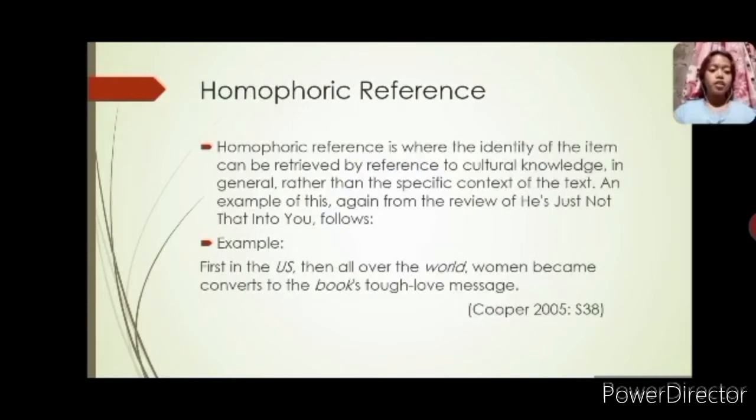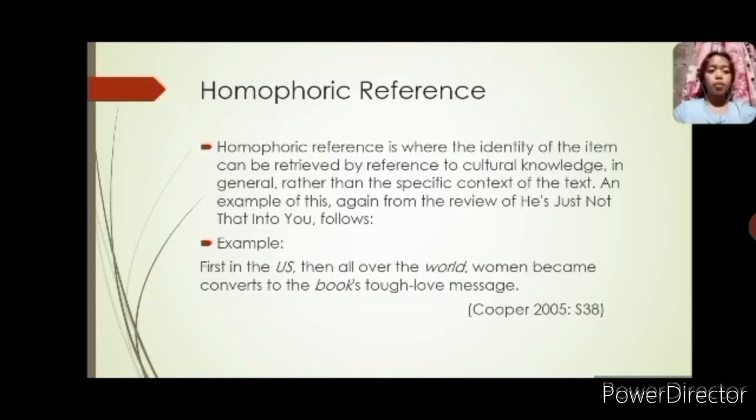Homophoric reference. Homophoric reference is where the identity of the item can be retrieved by reference to cultural knowledge in general rather than the specific context of the text. An example of this is again from the review of He's Just Not That Into You.